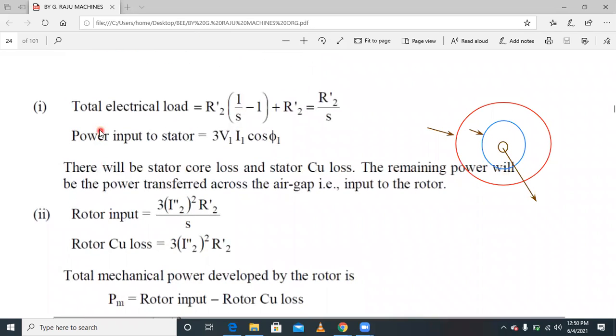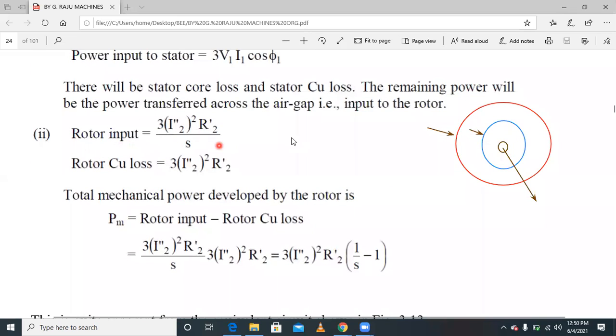So here, consider that the rotor input is the stator output. Whatever power we get from the stator output is the rotor input, and this is also called air gap power. Understood? The rotor has winding, and because of that it has some copper loss.